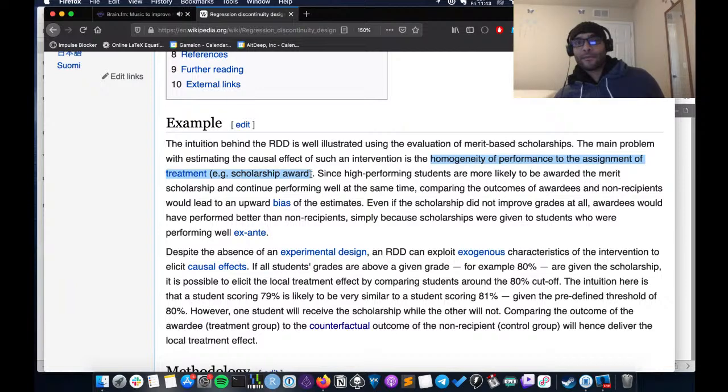So there's confounding basically by the people who are getting the scholarship. You're more likely to get the scholarship if you're already good.